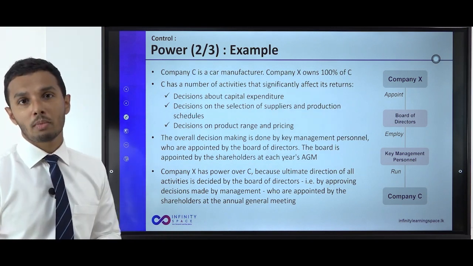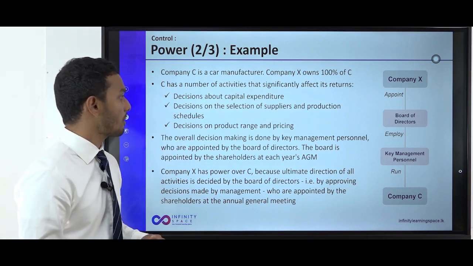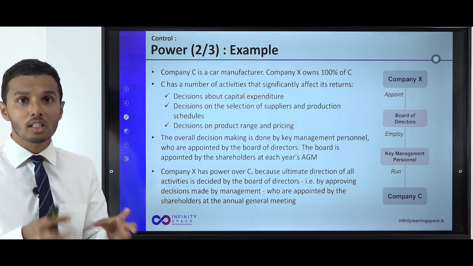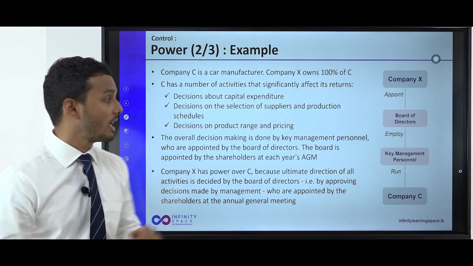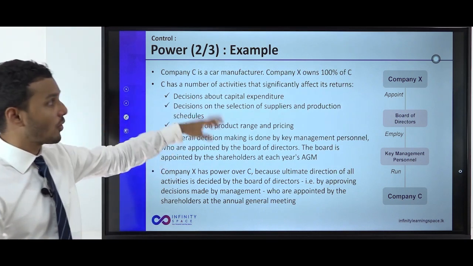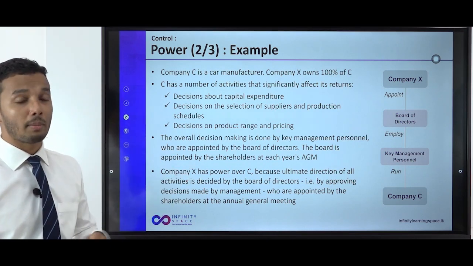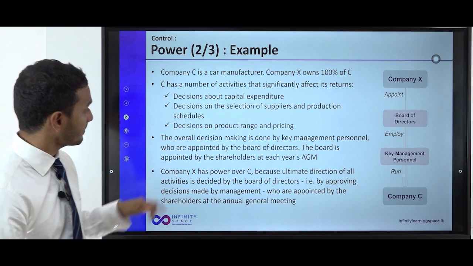How much are we going to produce and when are we going to produce. Then the last one, decisions on product range and pricing. We need to decide what car models we are going to manufacture and at what price are we going to sell them. So all these activities, like I said before, have a direct impact on the success or the failure of a company. In other words, the returns of the company, right?